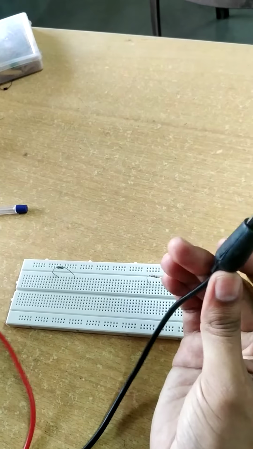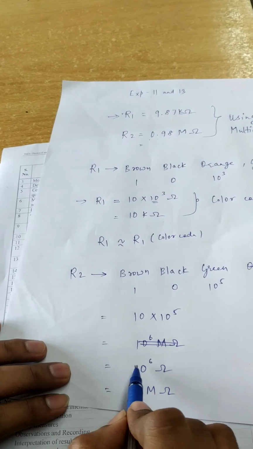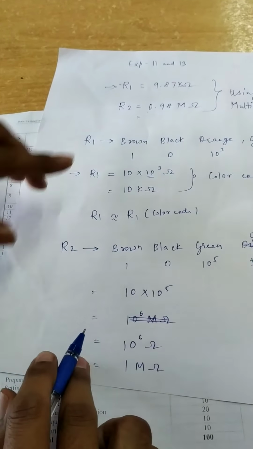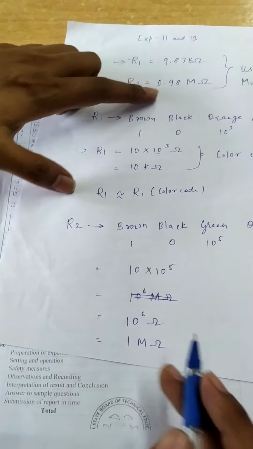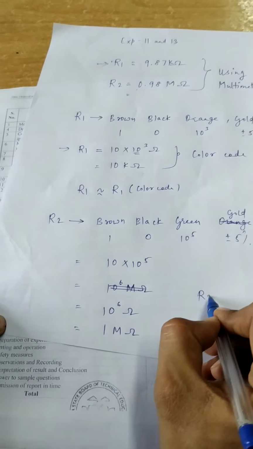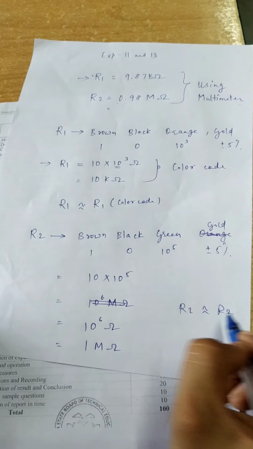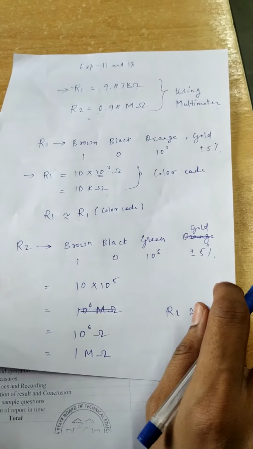Sorry, it is 10 raised to 6 ohms, and 10 raised to 6 ohms means 1 mega ohm. Here also we are getting about the same 0.98. So we can say that R2 is approximately equal to R2 from the color code calculation.